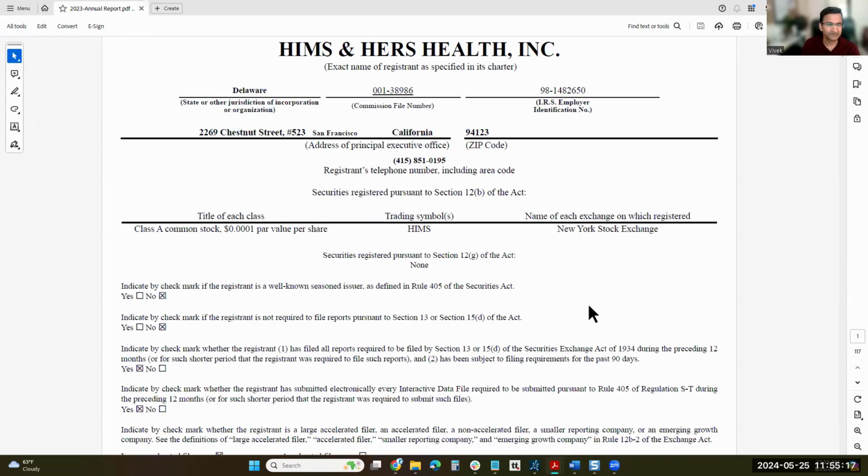Okay, let me get a post-it. Somewhere I had a post-it of what sequence I should go through in looking at the annual report.